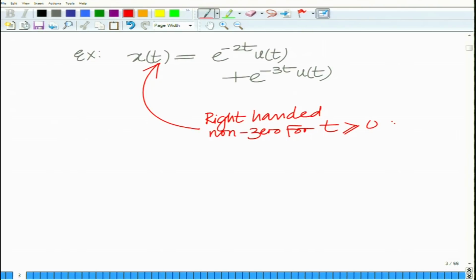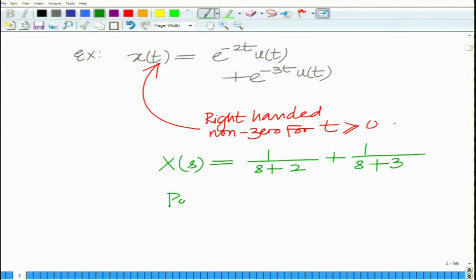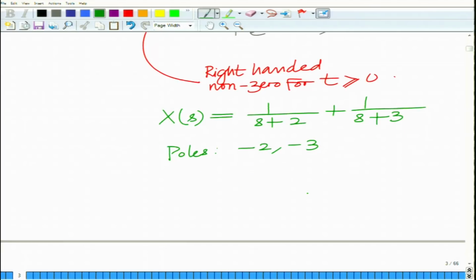It is a right handed signal, and if you look at the Laplace transform of this, X(s) equals 1 over s plus 2, we have seen that, plus 1 over s plus 3. The poles are s equal to minus 2 and s equal to minus 3.